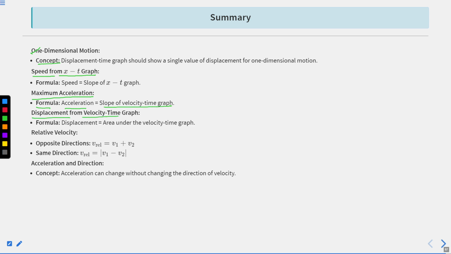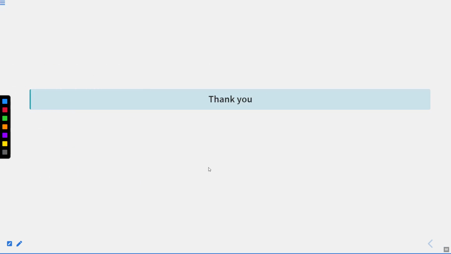Displacement from the velocity-time graph: displacement is the area under the velocity-time graph. Relative velocity in opposite direction and same direction, and acceleration and direction. The concept is that acceleration can change without changing the direction of velocity. Clear? Thank you.